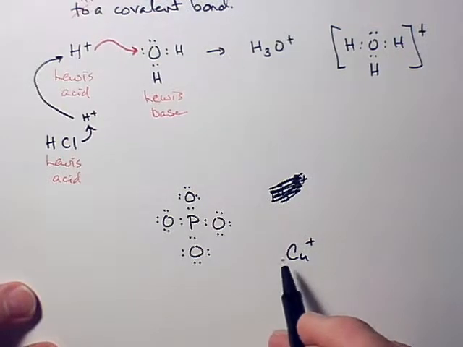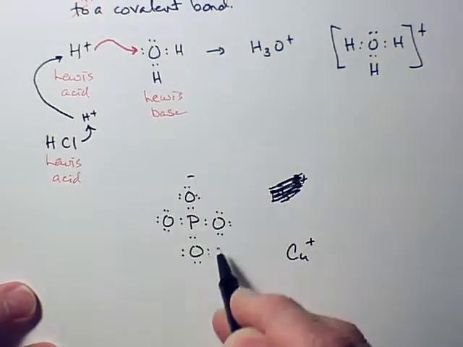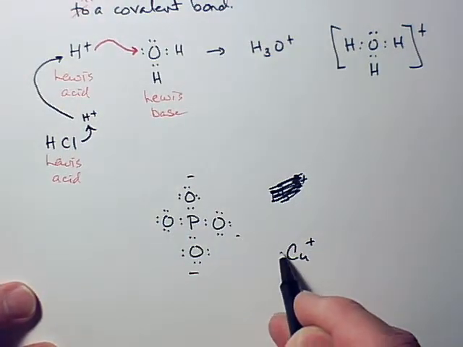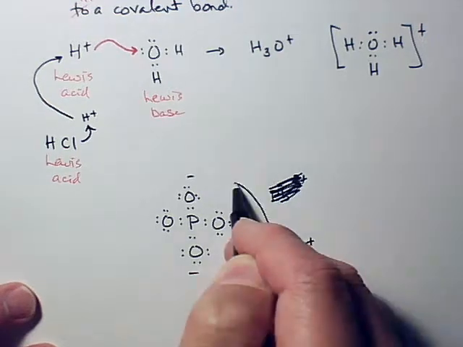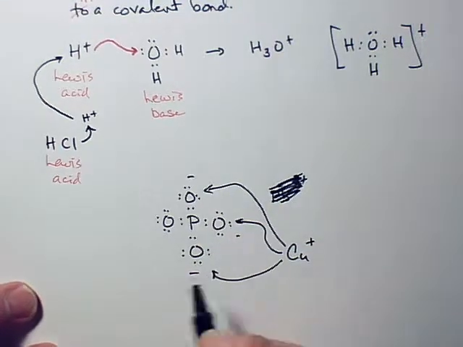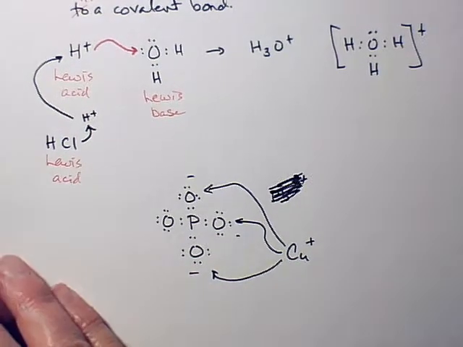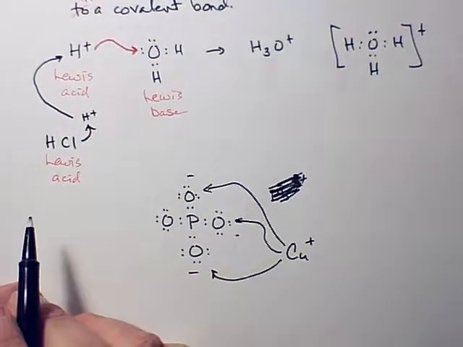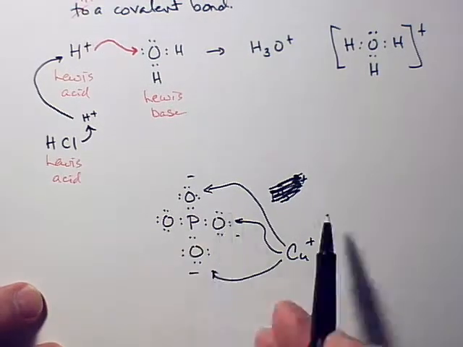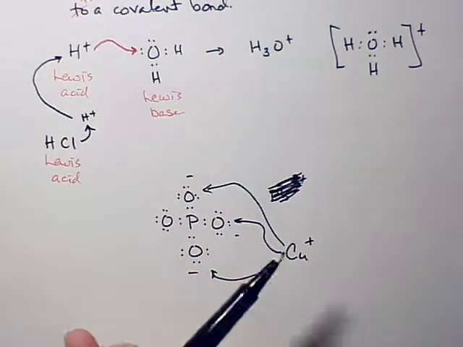So copper 1, if I have 3 negative charges on here, this copper can join up somewhere. It accepts a pair of electrons, actually 3 different coppers, not just one copper. The phosphate is donating a pair of electrons to a covalent bond, potentially.